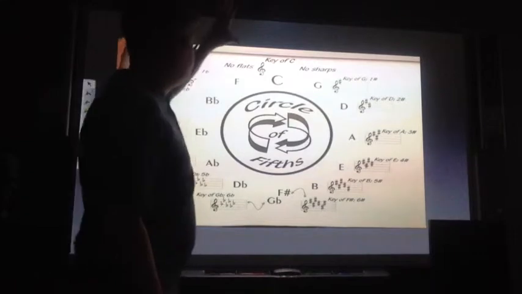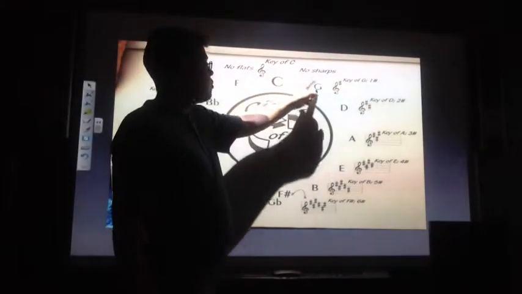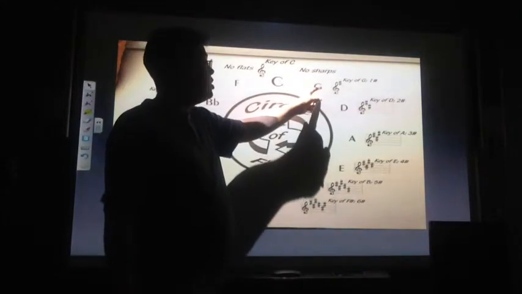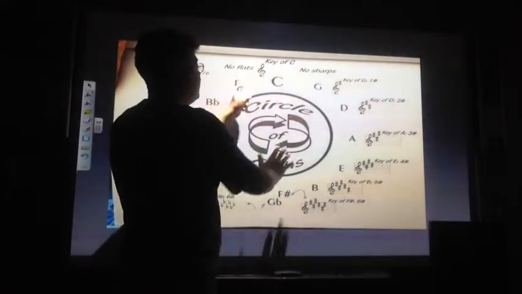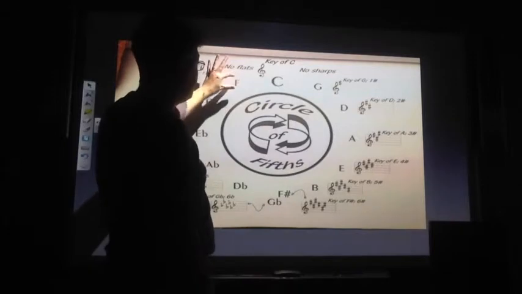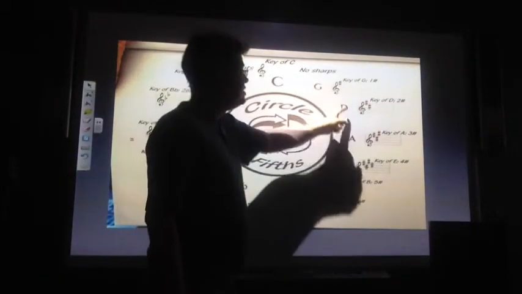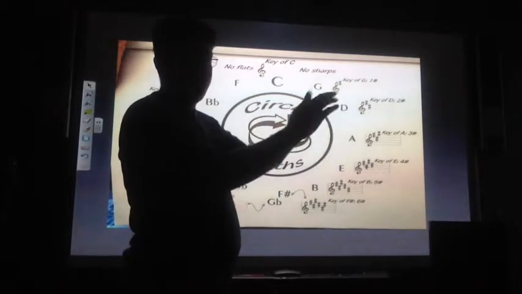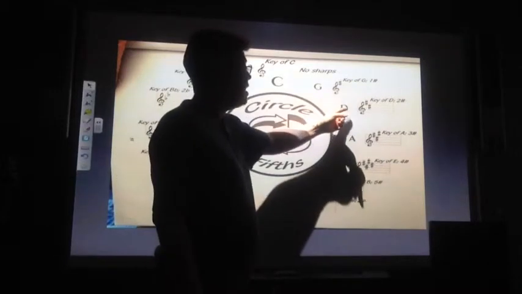So, I start with the key of C. And at the key of C, I have no sharps. So when I move to the right, I have 1 sharp, and I know that that is an F. Not just because I memorized it, but because on the left of the circle of fifths is an F. Right here on the left of the C. Now, the next is the D. The D has 2 sharps.